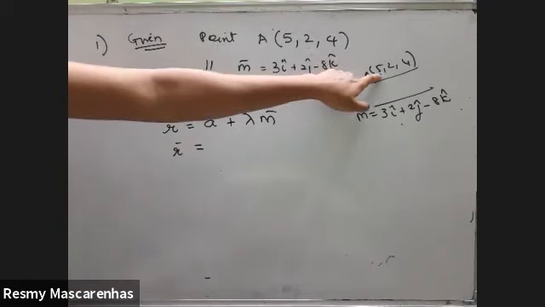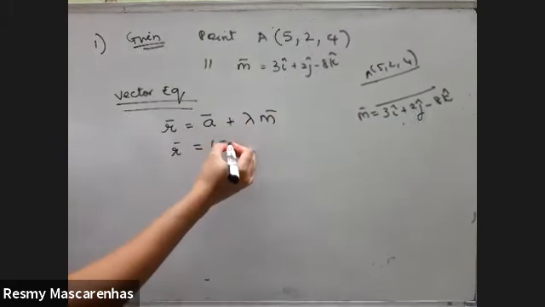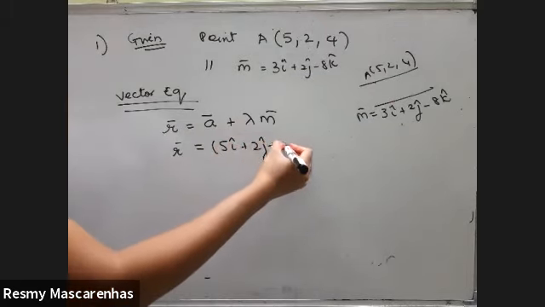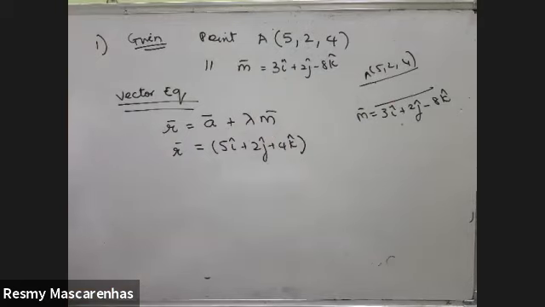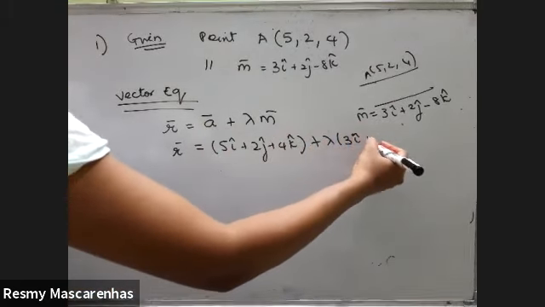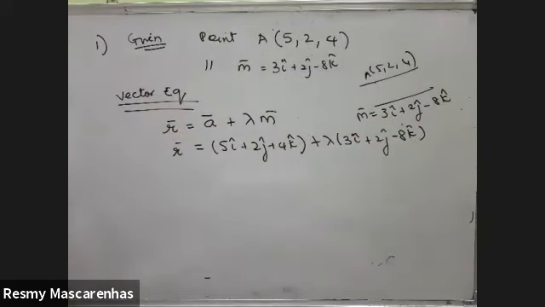So just convert it in terms of vectors: 5 i cap, 2 j cap plus 4 k cap. Then lambda times straight away m bar. So this is your answer. This is the vector equation of a line. Now after solving this part, at least, anyone still having doubts can ask.